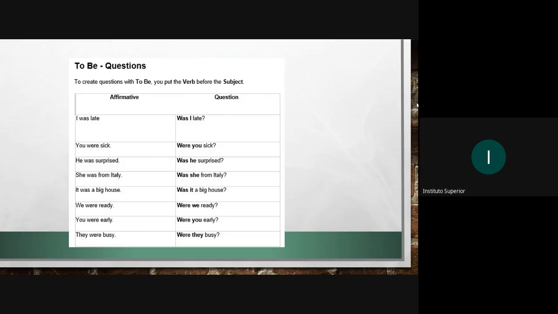All right. Very good. So what happens in order to create a sentence in the simple past with the verb be? We just move the verb be to the beginning. Solamente movemos el verbo be al inicio, ¿verdad? El sujeto luego y lo que queremos complementar. The complement. Very good. That's the order. ¿Cómo se forman las preguntas en simple past para los otros verbos que no son el verbo be?